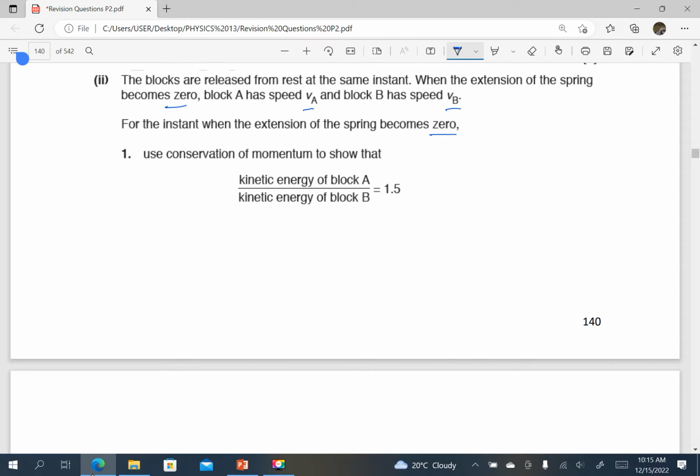So first of all, we know that momentum is mass times velocity. So by conservation of momentum, we shall say that total momentum before should be equal to the total momentum after.